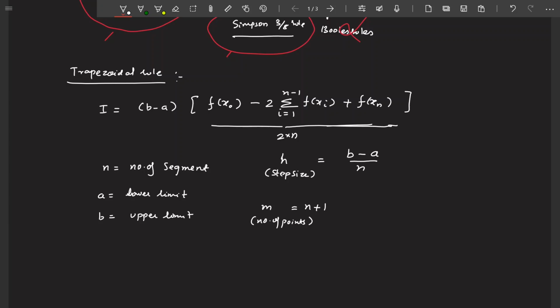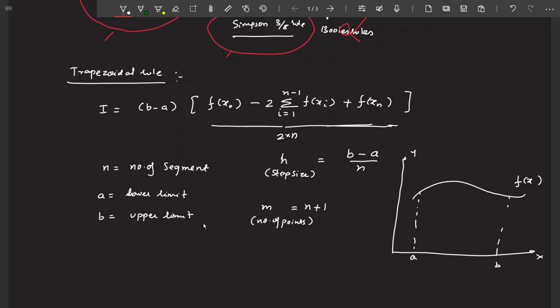So if you look graphically, what actually we are doing in trapezoidal rule, it's very simple. Basically, this is your x-axis, this is your y-axis. So basically what we are doing in trapezoidal rule is we are replacing or approximating this complex function by a first order polynomial.